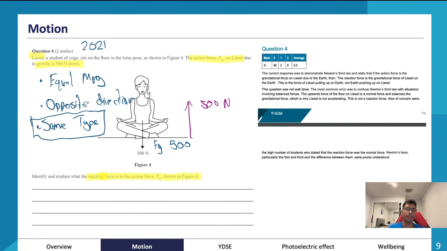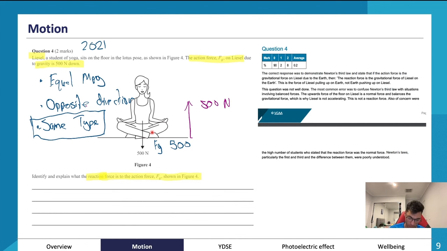And so because we're saying it's the same type, Lisa is currently exerting 500 newtons of gravitational force on the ground.